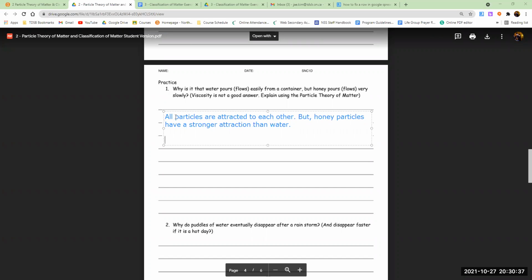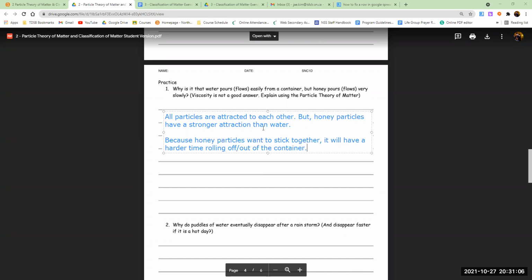Well, we assume that honey particles are more strongly attracted because honey particles want to stick together. It will have a harder time rolling off or out of the container or something like that. Just anything that refers to one of the 5.